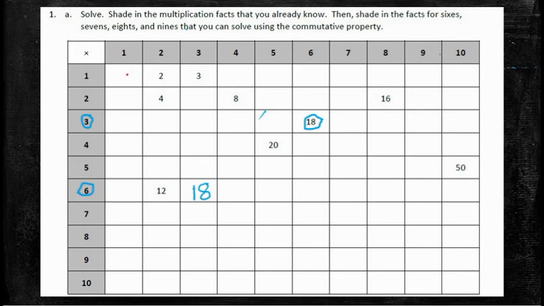I already know my multiplication facts for the number 1. I know 5 times 1 equals 5, 6 times 1 equals 6, 7 times 1 equals 7, and so forth. So take a few minutes and do that yourself.